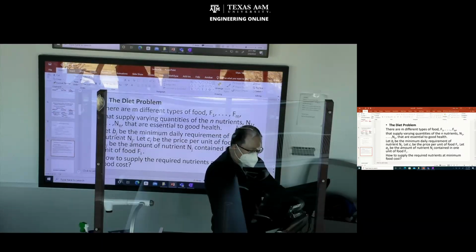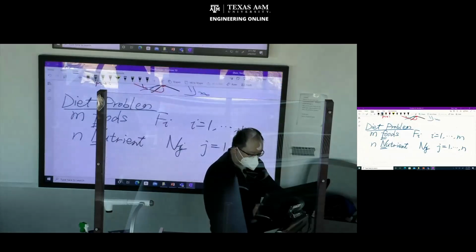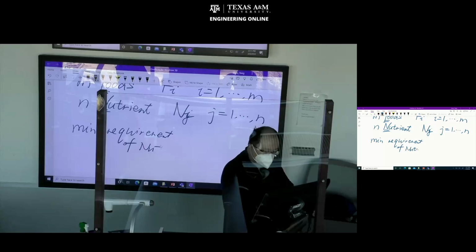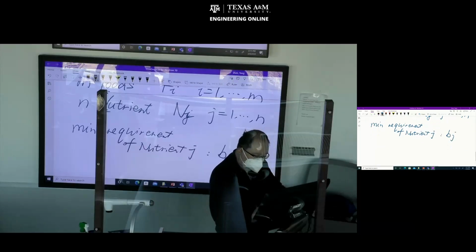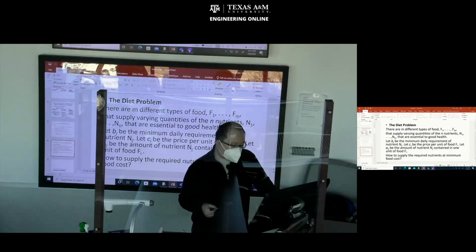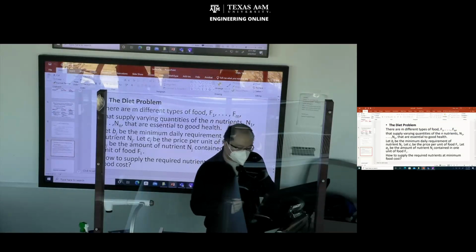And B is the minimum daily requirement of nutrient Nj. So the minimum requirement of nutrient j is B sub j. And Ci is the price per unit for food i.